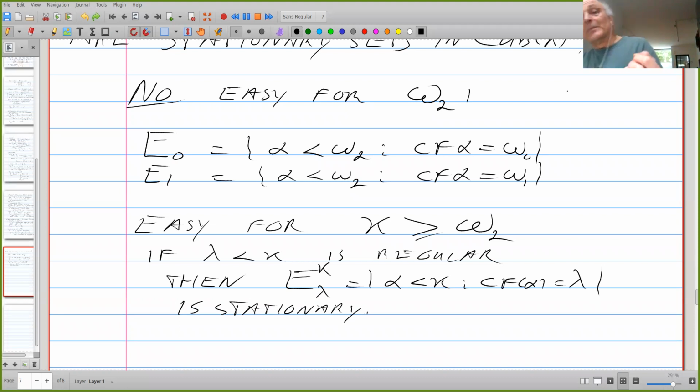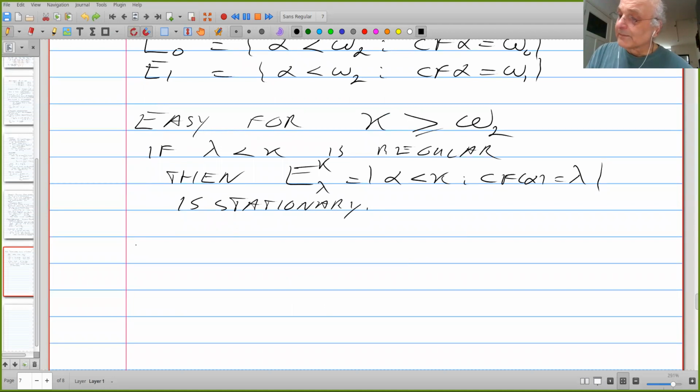So if we are looking at omega 3, then we can find 3 easy disjoint stationary subsets. If we're looking at omega 4, we have 4 of them. If we're looking at aleph omega plus 1, we have infinitely many disjoint stationary sets. And that really destroys the filterness of the family of stationary sets. You can find many disjoint ones.